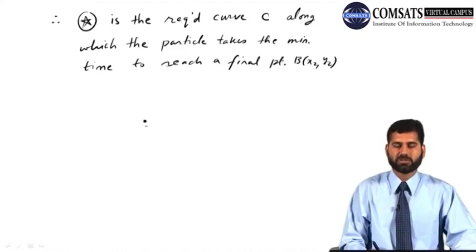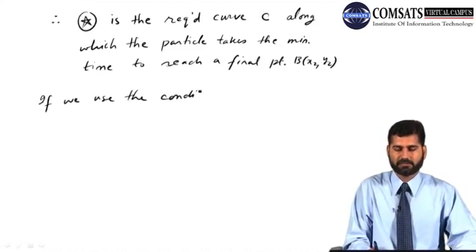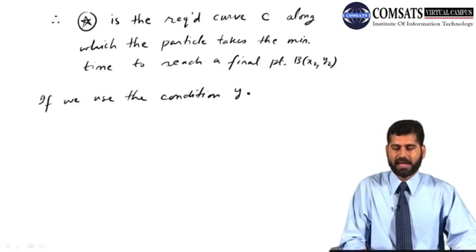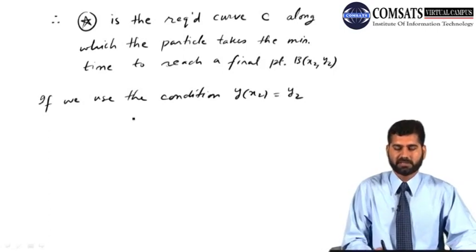All right. So if we use the condition that y at x2 is equal to y2, this implies that x is x2 and y is y2.